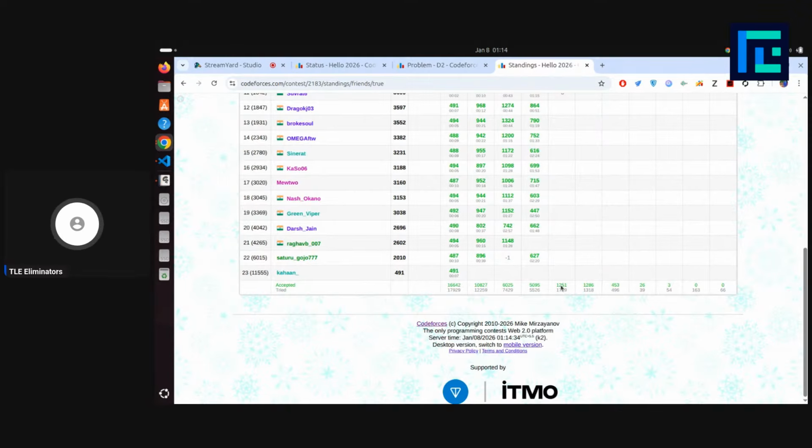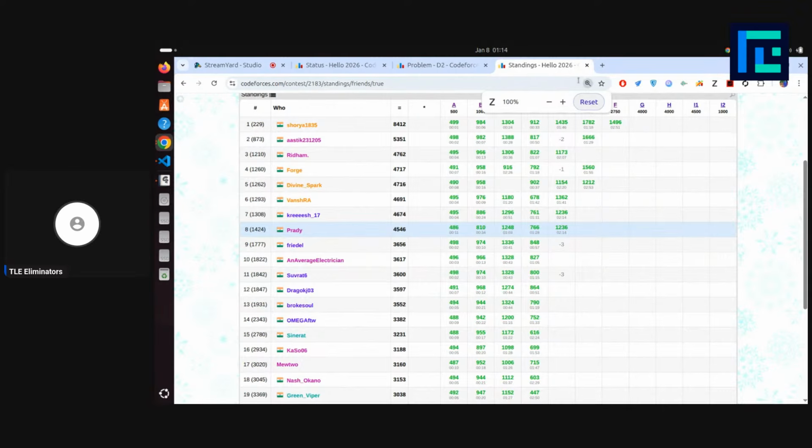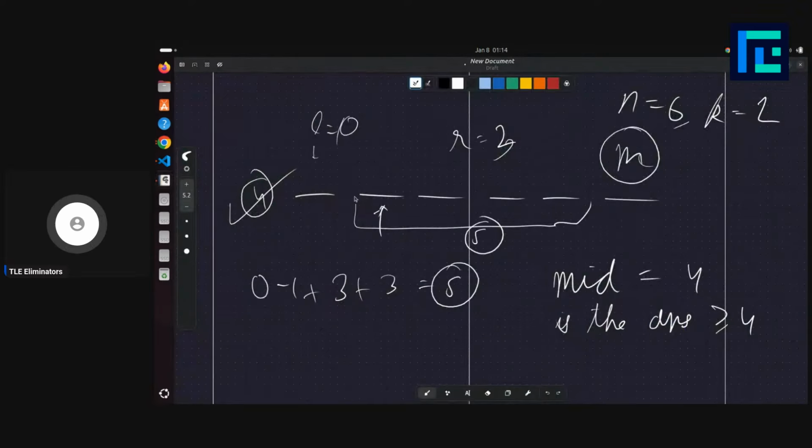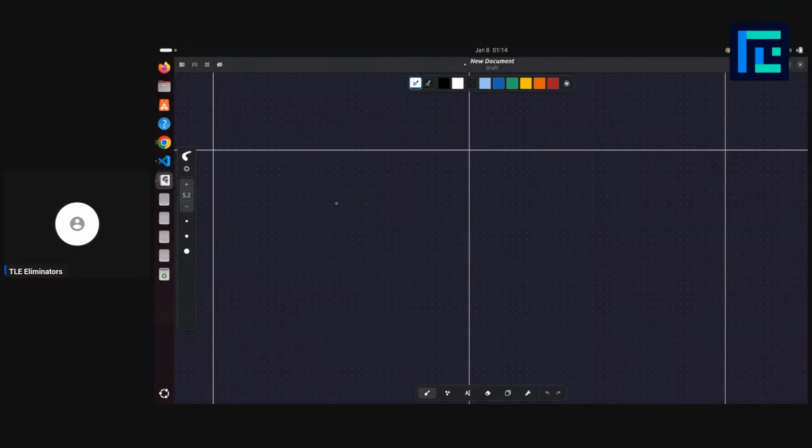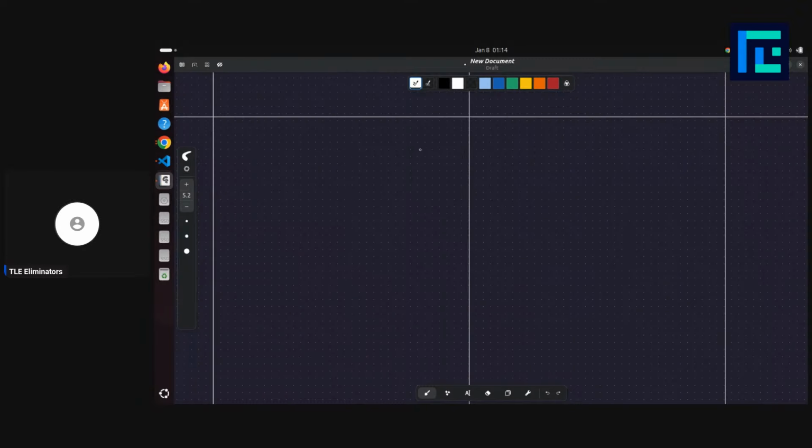Even though there are only these many solves, 1200 solves, it is not that hard. I will tell you how to solve it. So we have a tree, which is rooted at one. One is the root, and then we have some vertices which are its descendants, right?